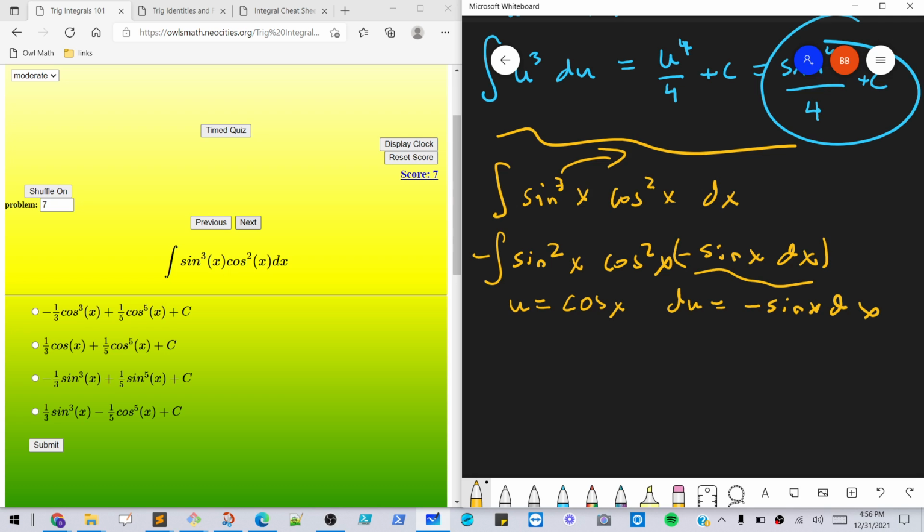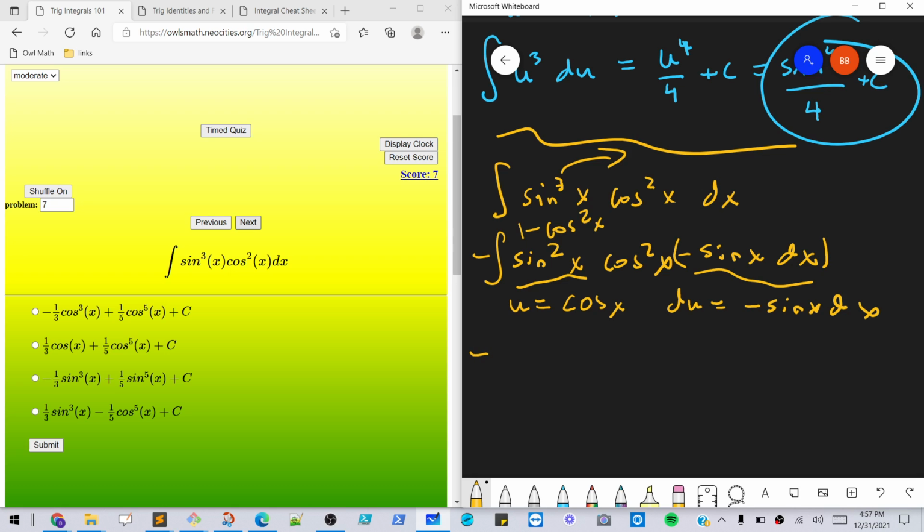The only problem I have is this right here, so we'll call that 1 minus cosine squared x. Now we have a bunch of cosines and we have our du, and it's going to set up nicely.